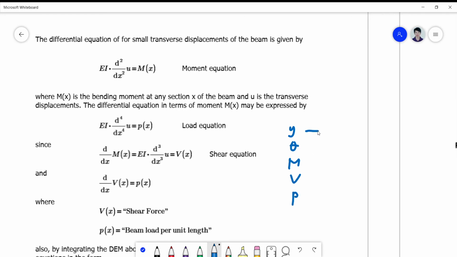Okay, so these are all interconnected to your differential equation, wherein y is simply equivalent to your elastic curvature in terms of your deflection. Of course, here we're not using the y value, but rather a u value.